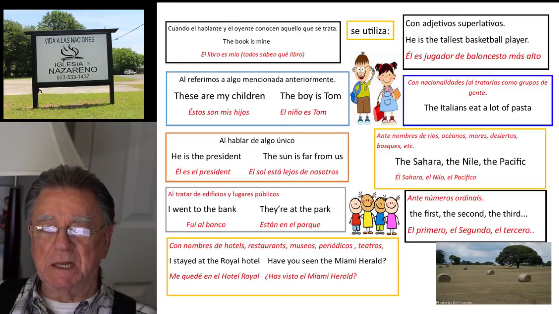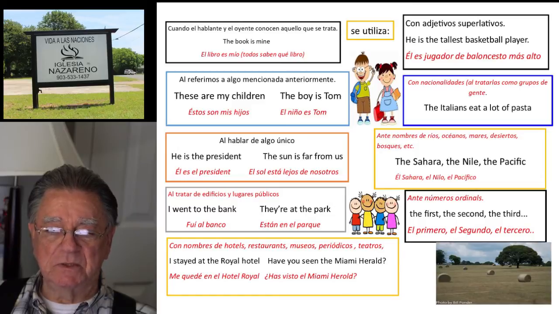En Spanish, él es el jugador de baloncesto más alto. And we say that in English, he is the tallest basketball player. Okay, we just say he is the tallest player. He is the tallest basketball player. Go to the next little box.